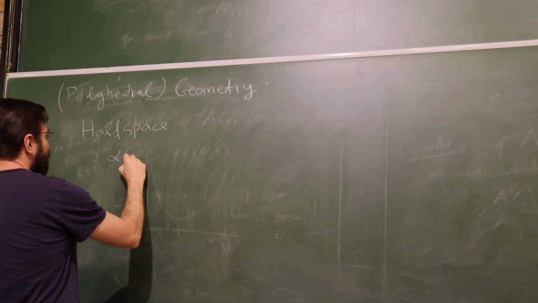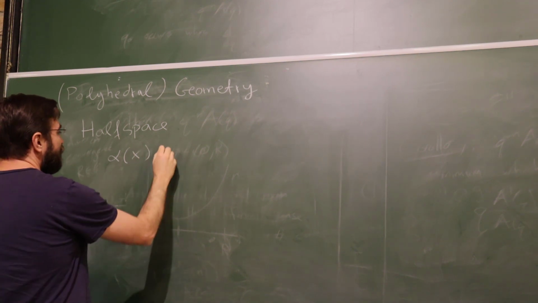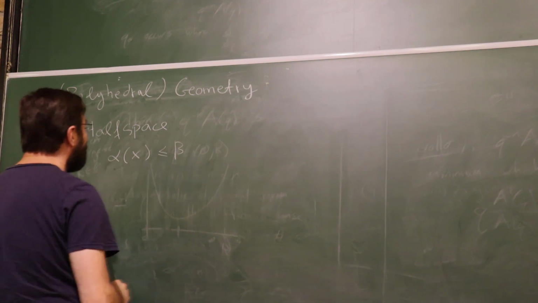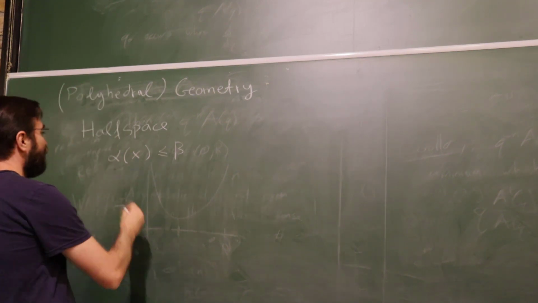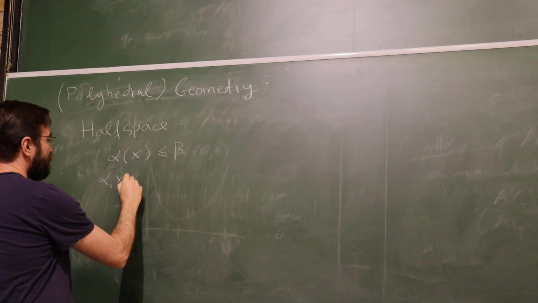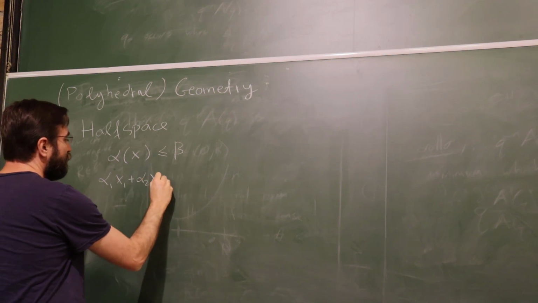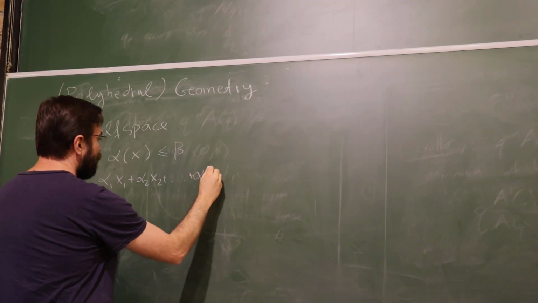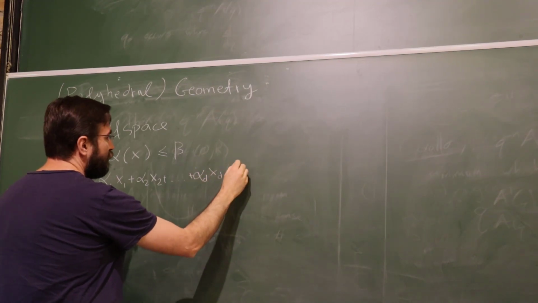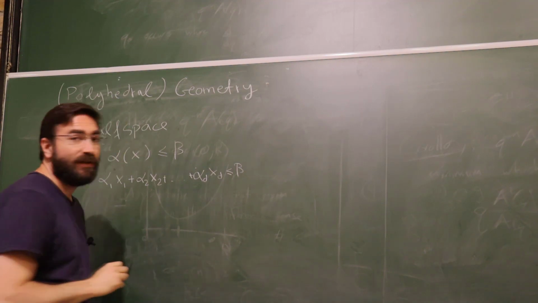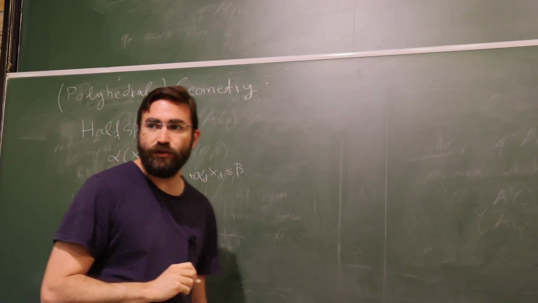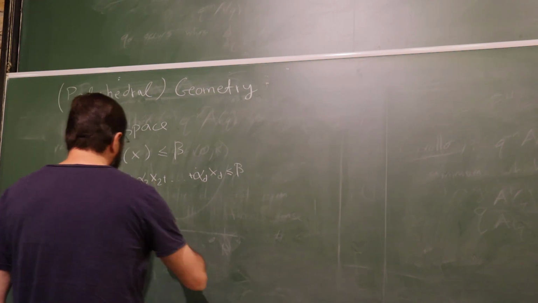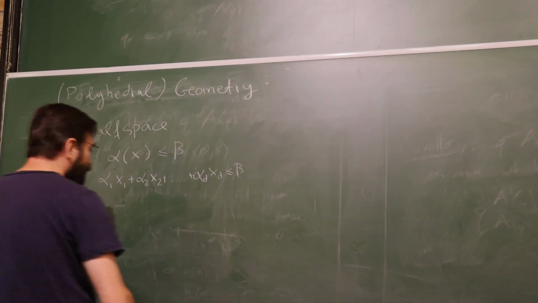If we have a linear functional ax smaller or equal than beta, I will tend to use d for dimension, so the number of variables will be d. This defines a d-dimensional half space.